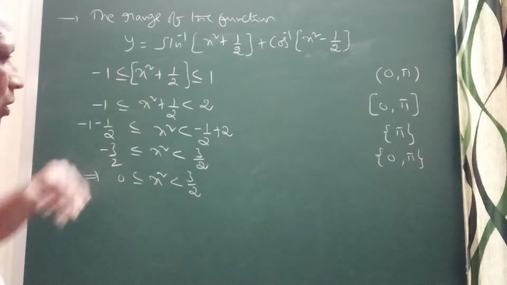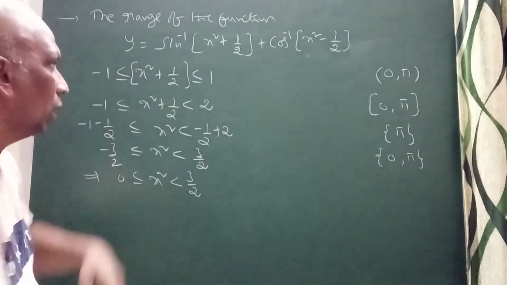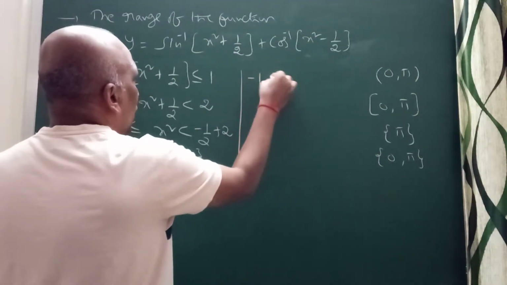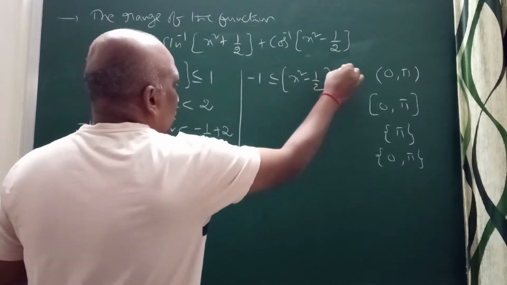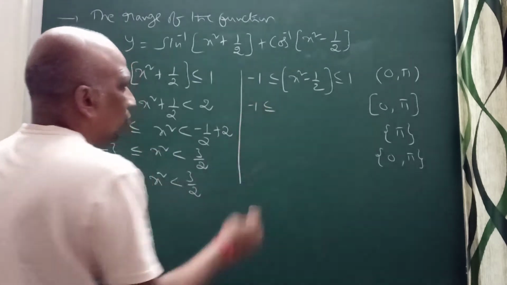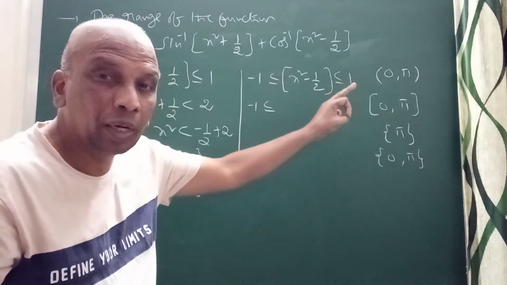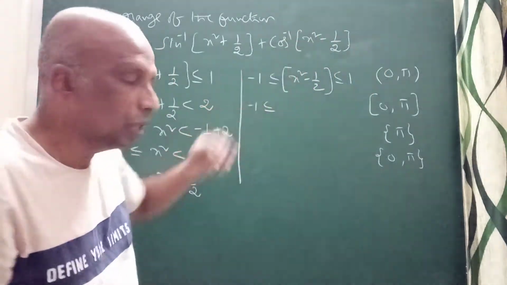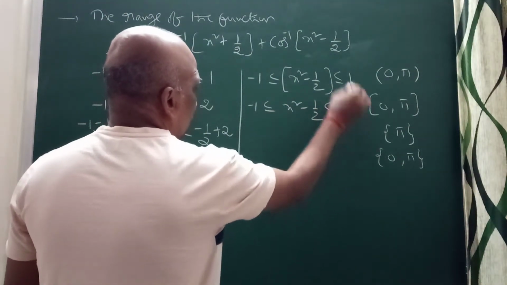Only related to this. Now you can think about the other value in the same way. Minus 1 less than or equal to step of (x square minus 1) by 2, less than or equal to 1. This is a step function, so the value lies between minus 1 and 1, and up to just below 2 it will be 1 only. So I can write (x square minus 1) by 2 less than 2.